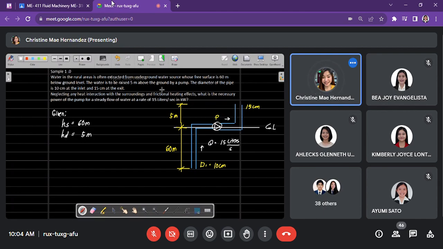And yung ating diameter ng ating inlet or sa suction ay 10 cm. So, i-convert na natin into meters. So, 0.1 meters. And yung ating diameter at the discharge ay 15 cm or 0.15 meters.